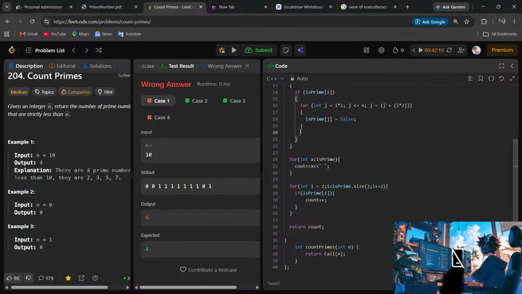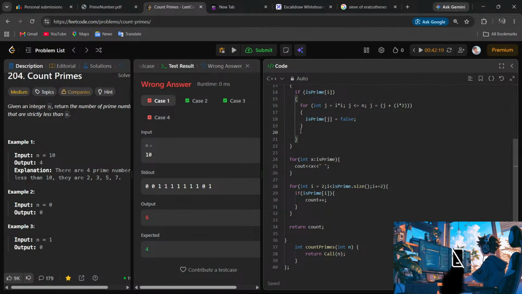9 plus 6, 15. So this is fine. I think this is also fine because the next odd number that is divisible by 3 will be 15. So I'm checking for 9 and then I'm checking for 15.